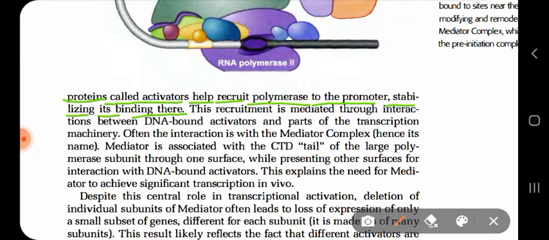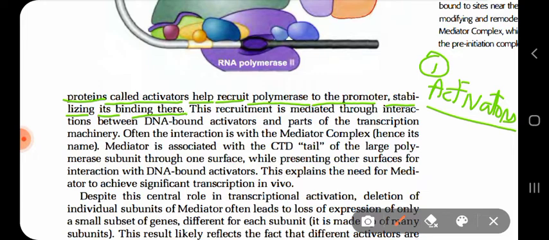Activators help to recruit RNA polymerase 2 to the promoter region and stabilize its binding there. That means it stabilizes the RNA polymerase to bind in that region only.